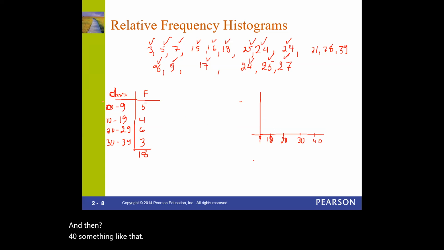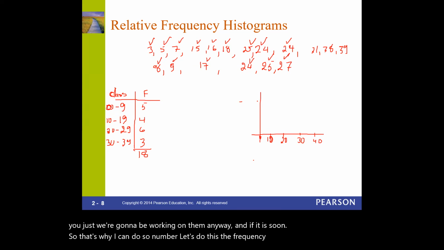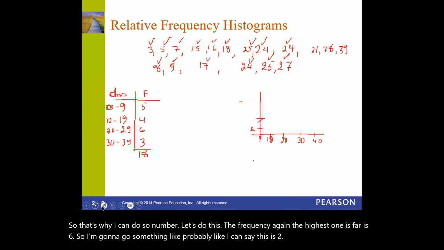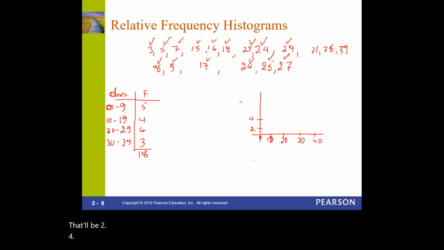So what I'll do between 0 and 9: I know I say 9, but just bear with me, because we're going to be working on them soon. Let's put the frequency again. The highest one is 6, so I can say this is 2, 4, 6, and then that'll be 8.